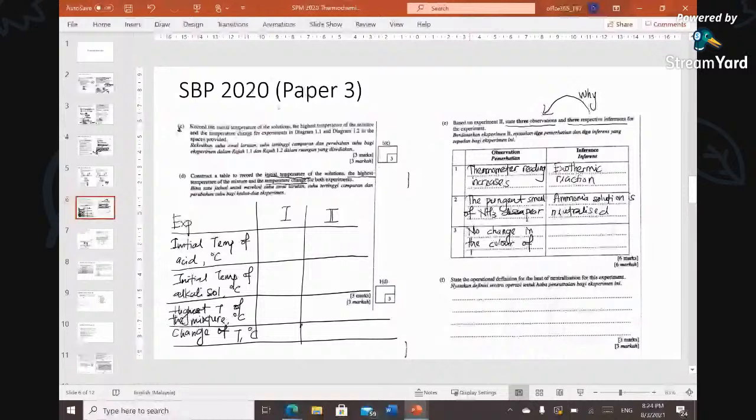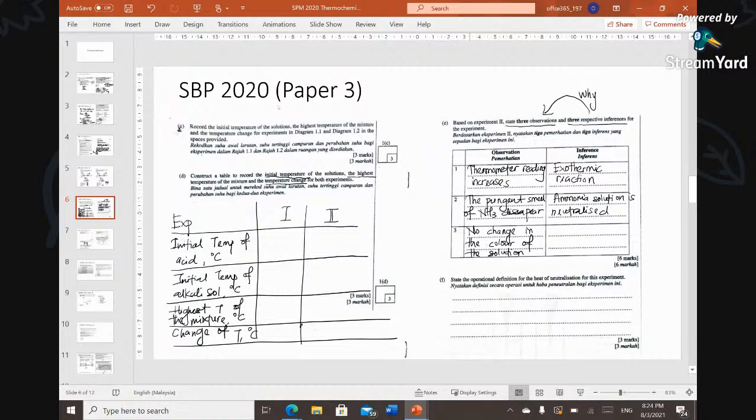So always remember, when you want to write down the observation, don't write there is no reaction. Okay, you don't know whether there is reaction or there is no reaction. But the color of the solution may not change. If you write down there is no reaction, definitely wrong for observation.